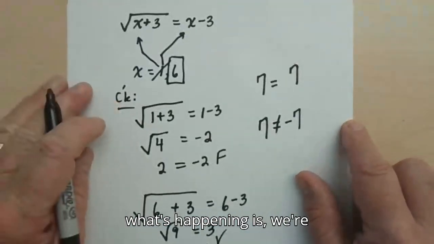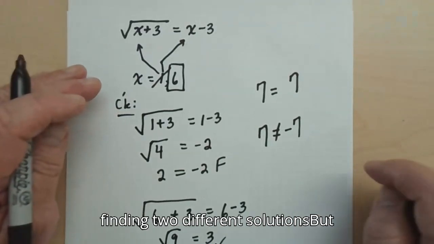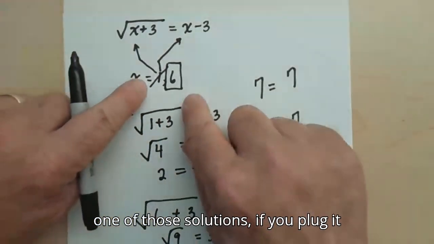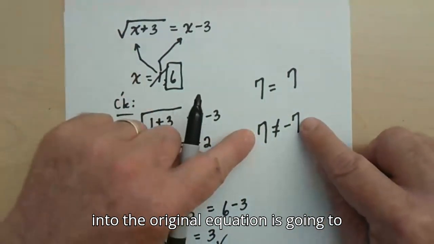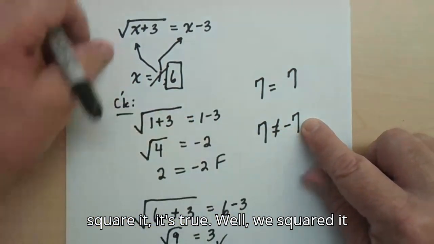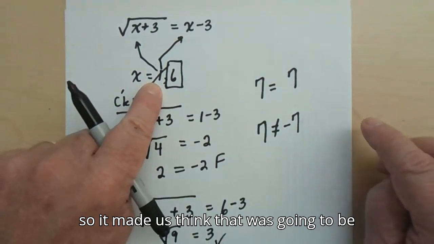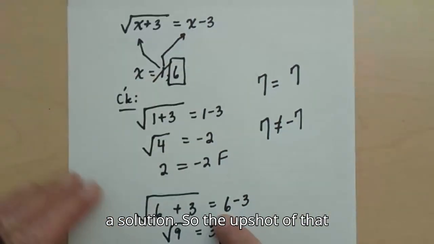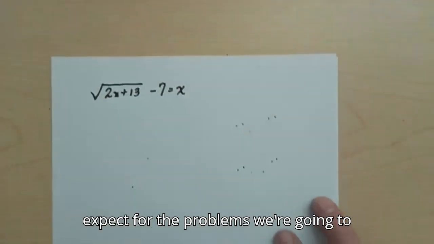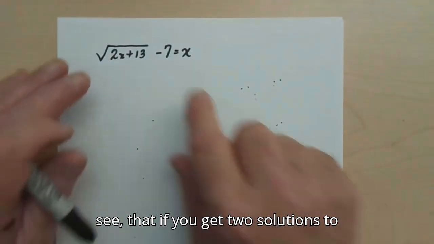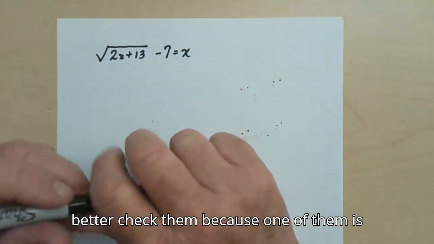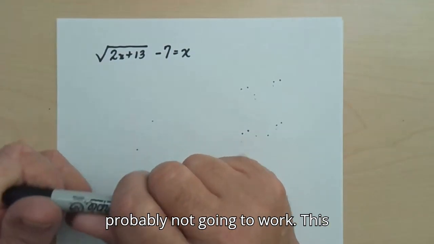And so what's happening is we're finding 2 different solutions, but one of those solutions, if you plug it into the original equation, is going to lead to something like this. When you square it, it's true. Well, we squared it, so it made us think that was going to be a solution. So the upshot of that is, I think you can always expect, for the problems we're going to see, that if you get 2 solutions to one of these square root problems, you better check them, because one of them is probably not going to work.